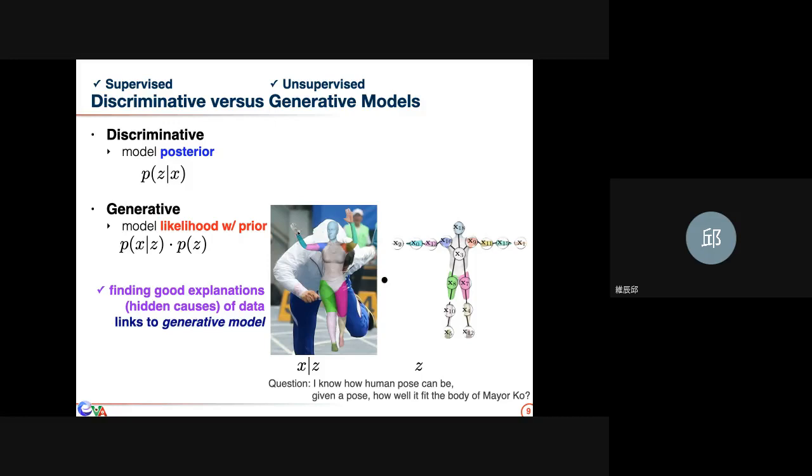But given such a pose, how likely is the image observation to follow your guess of the human pose, right? So this is the likelihood. Given a pose, how well it fits the human body in this image.